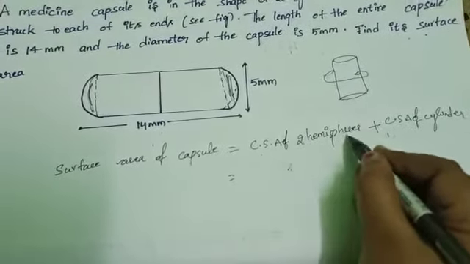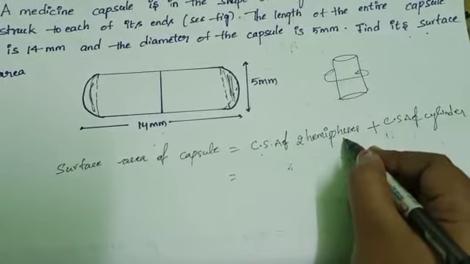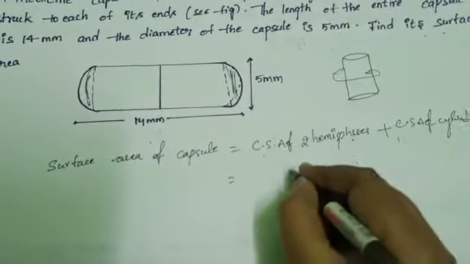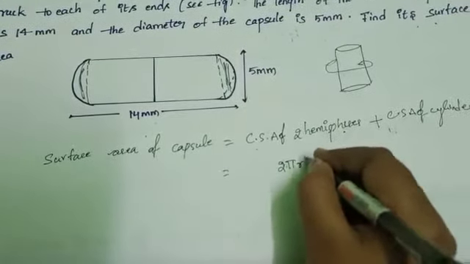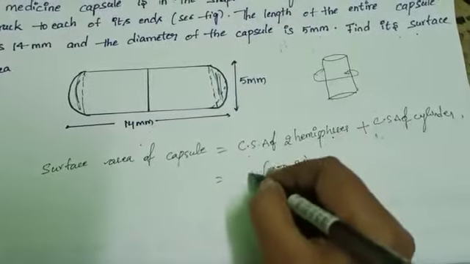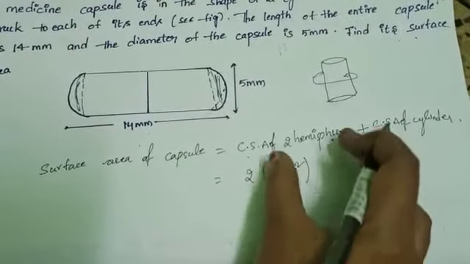Curved surface area of a hemisphere is equal to 2 pi r square. Here two hemispheres, it means area of one hemisphere into 2.